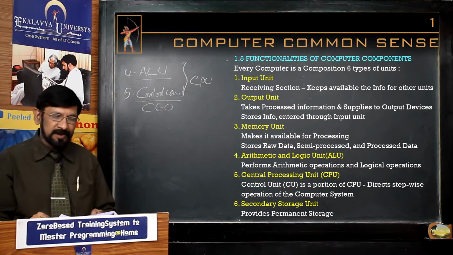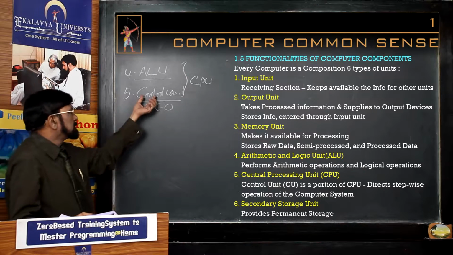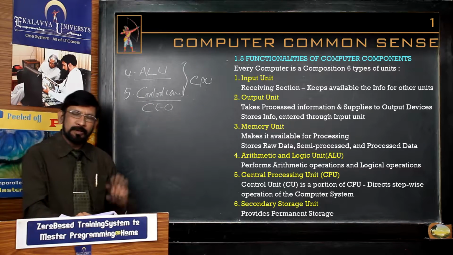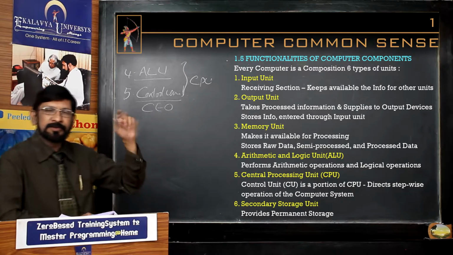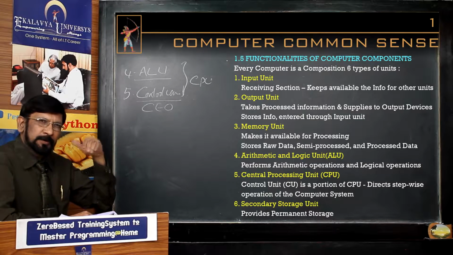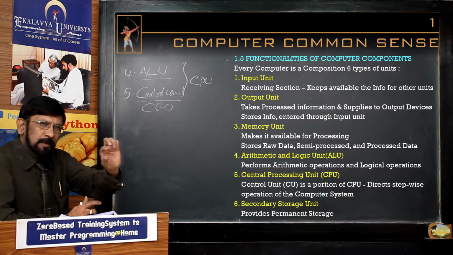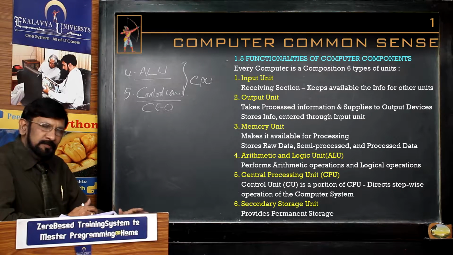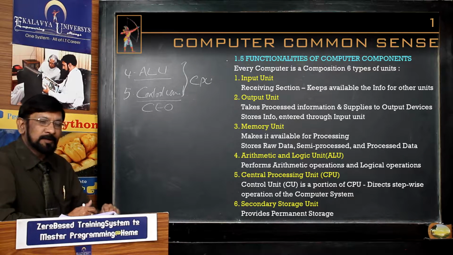It acts like a liaison officer. So in this manner, the control unit acts like the chief executive officer of the computer system, and it plays different roles, and without any conflict between different components, it will see that all operations are performed smoothly. That point you have to understand.